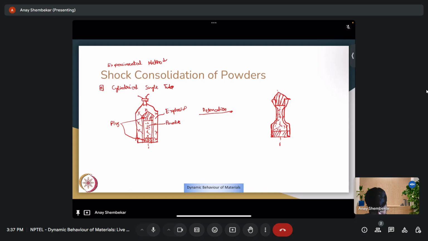So this looks like a detonation front. This is the compacted powder.